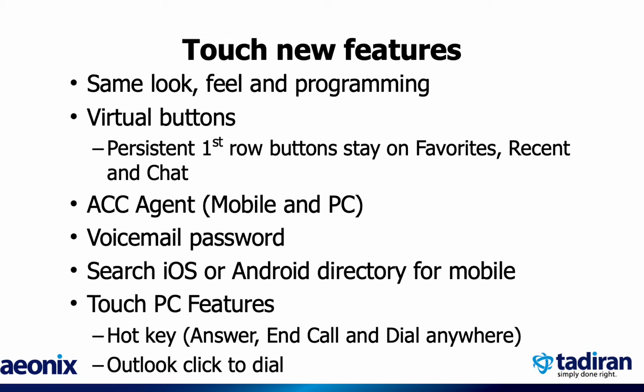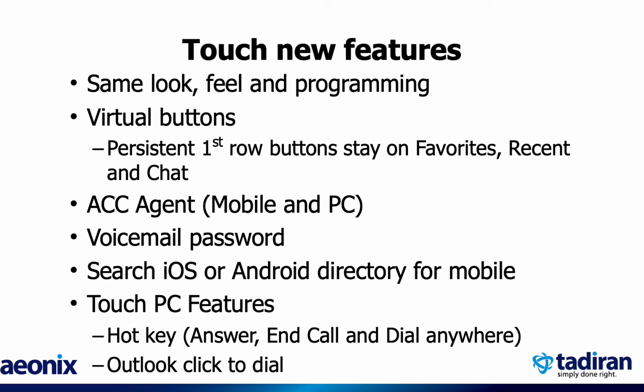Next, we'll look at new features with touch. With version 6.1, Tadiran is releasing a new version of Touch UC Client. The Touch UC Client has been redesigned so the PC version has the same look, feel, and functionality as the mobile version that is available on the Apple App Store and Google Play stores.